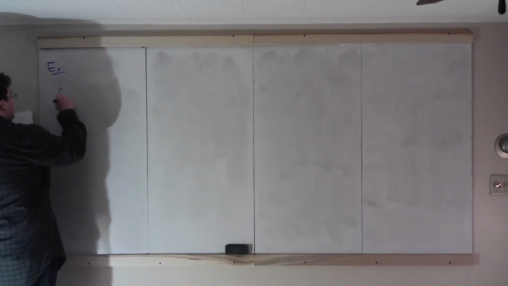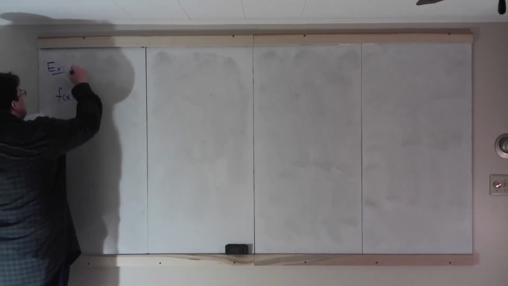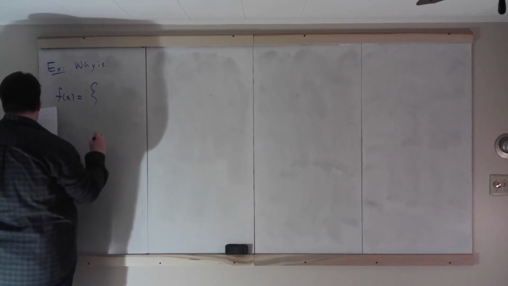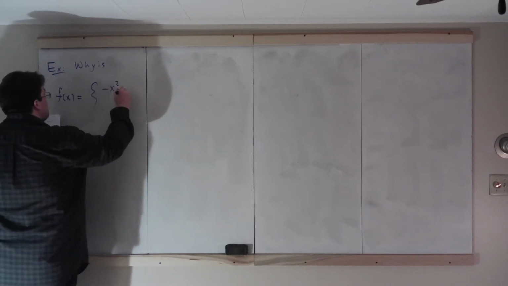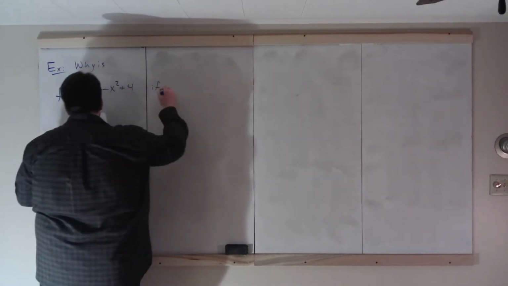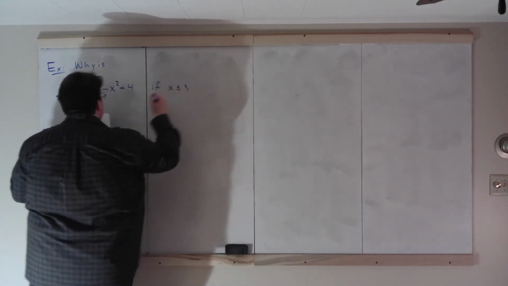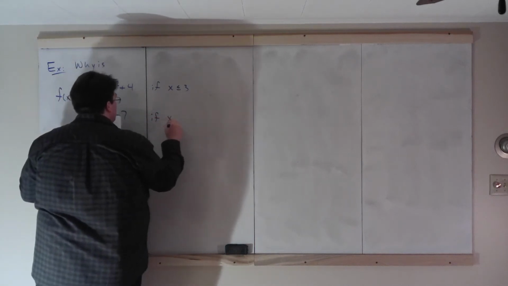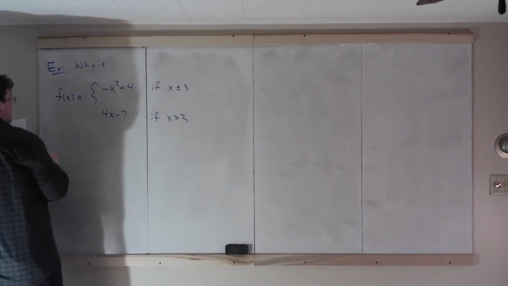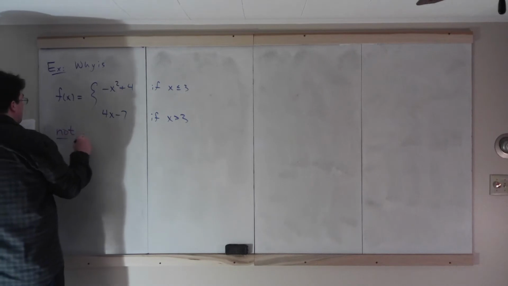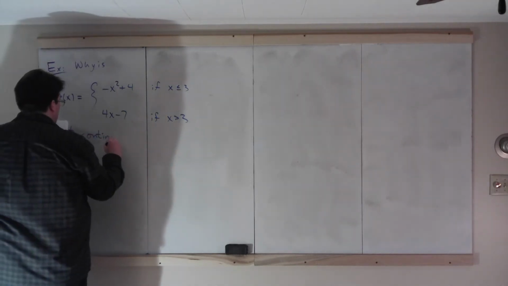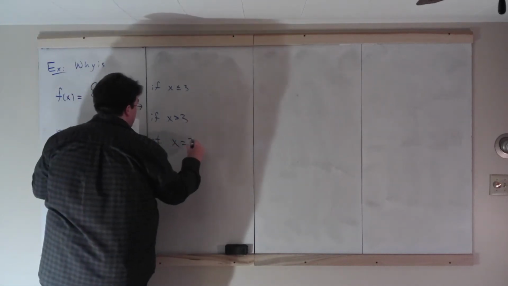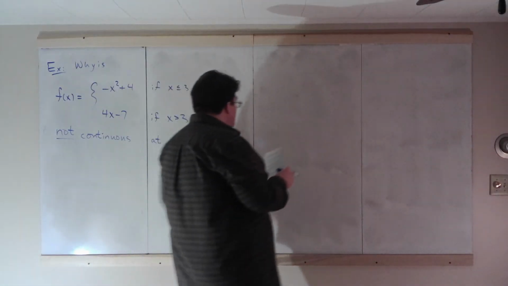So example, y is f of x equals this function: negative x squared plus 4 if x is less than or equal to 3, 4x minus 7 if x is greater than 3. Why is this function not continuous at x equals 3? So question 1, we'll be able to answer that down there.